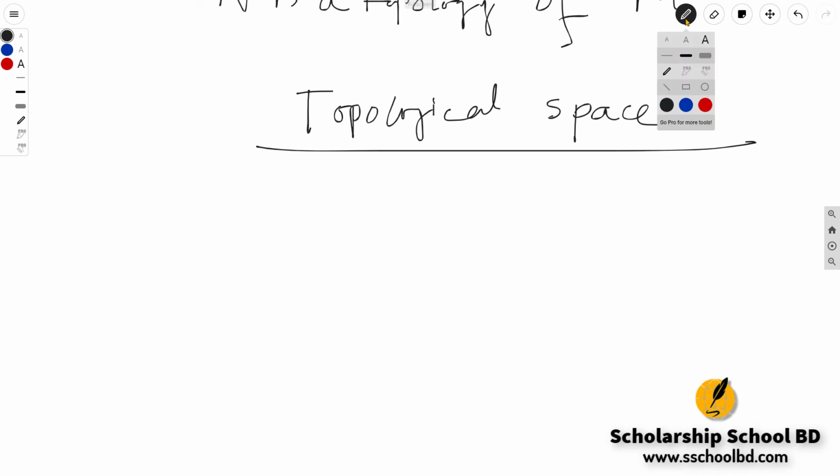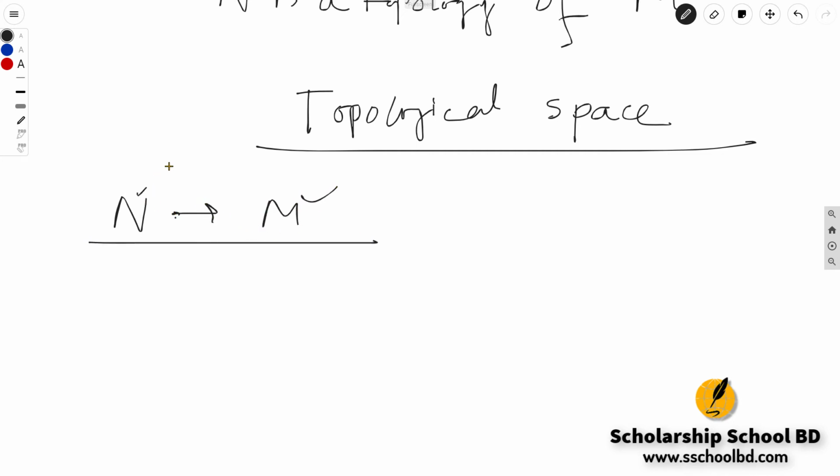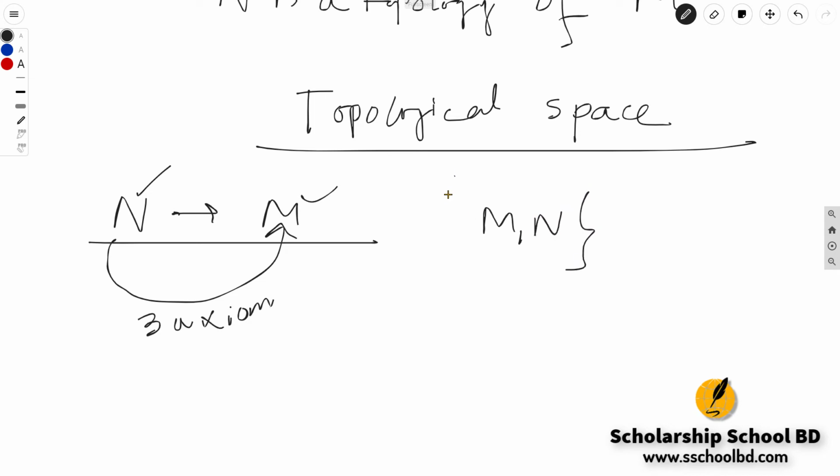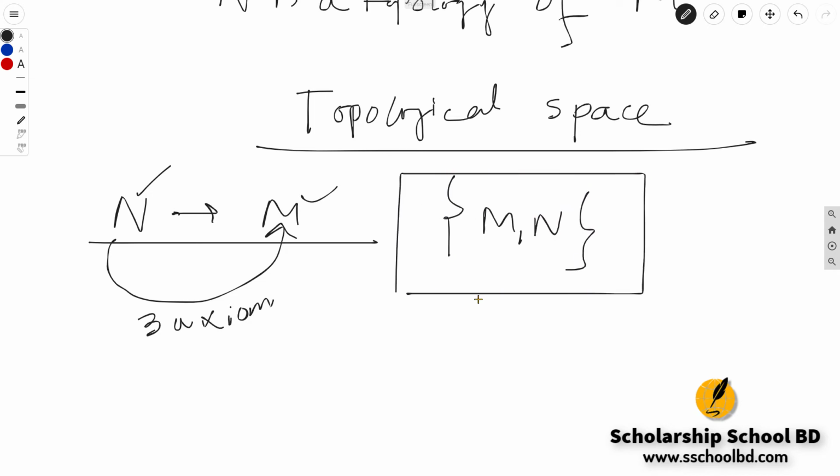Now, coming back to the definition of topological space. A few moments ago, we saw that n is a topology of M. M was a set and n was another set, and we proved that n satisfied three axioms, and then we say that n is a topology of M. Then the definition of topological space is that M and n together form a space that is called a topological space.